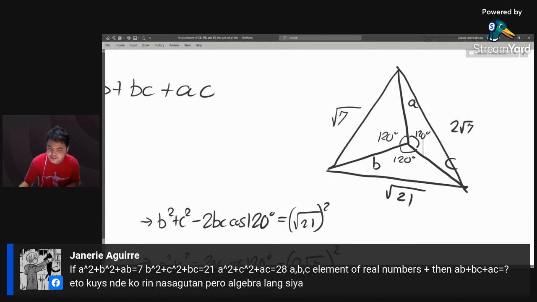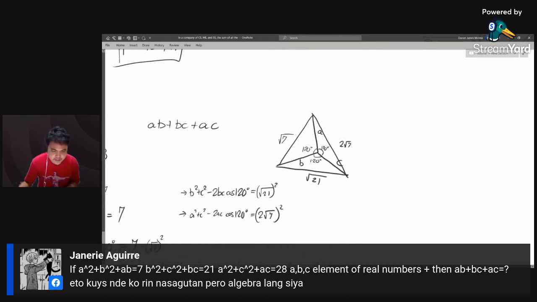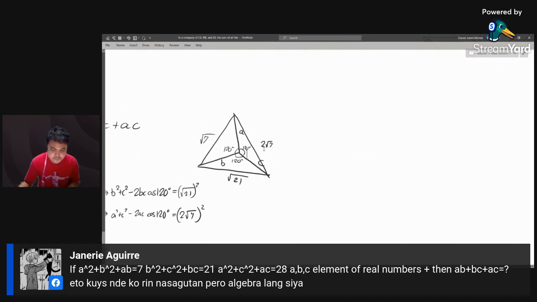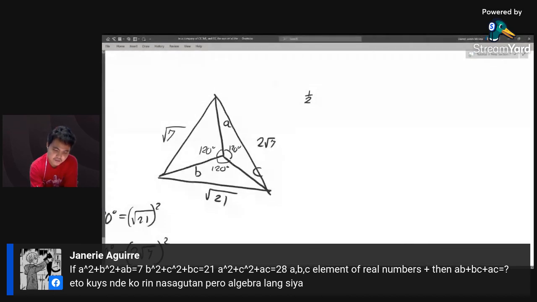Tatlong 120 degrees. So, paano ngayon makukuha yung AB, BC, AC? Okay? Paano yon? Saan ba tayo makakakuha ng equation na may AB lang, na may BC lang, na may AC? Hindi ba area? Diba? So, 1/2 AB sine 120.